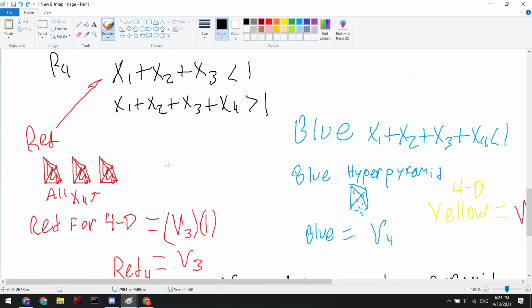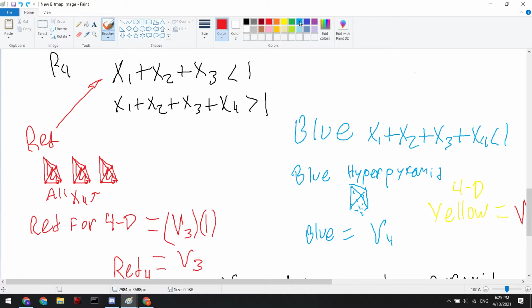And so what we find is our red volume, which is when x1 plus x2 plus x3 is less than 1, that is essentially this pyramid. So the hypervolume is going to be this pyramid volume, which I'm going to call V3, times 1. And so the red volume, or hypervolume, is V3.